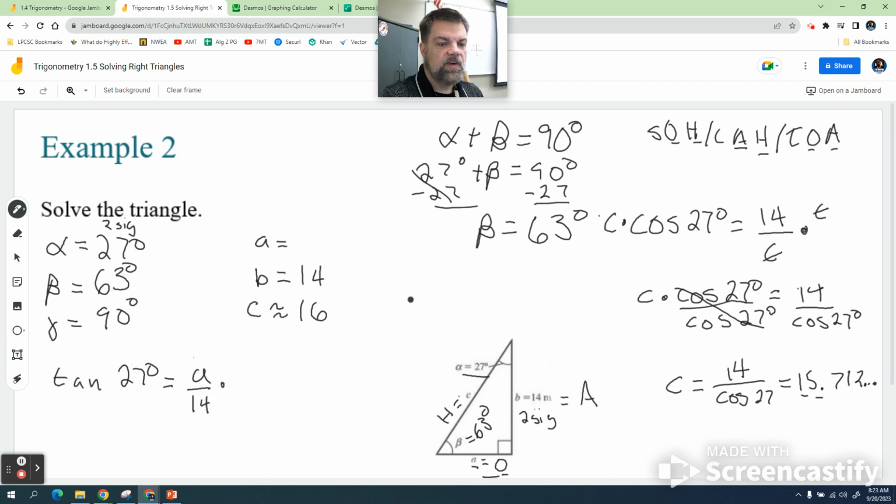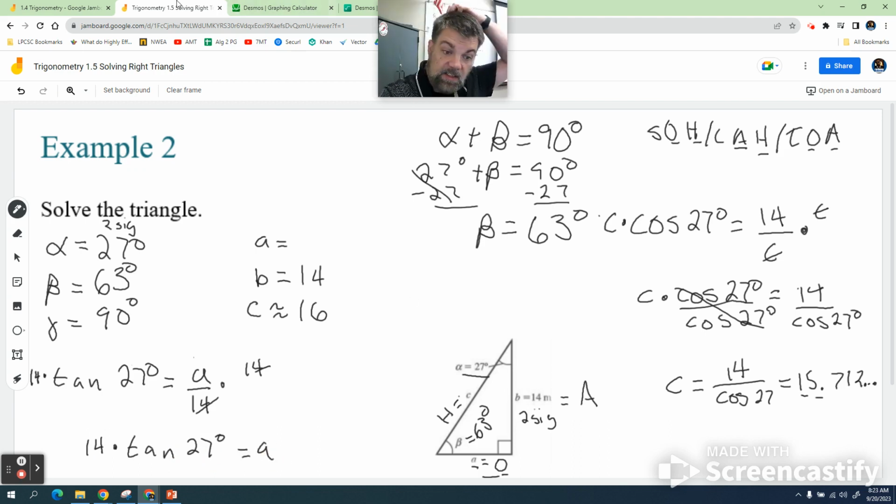Now this one will be a little easier. I'm just going to multiply by 14 over here and multiply by 14 over here. These 14s cancel, and I get 14 times tangent of 27 degrees is equal to A.